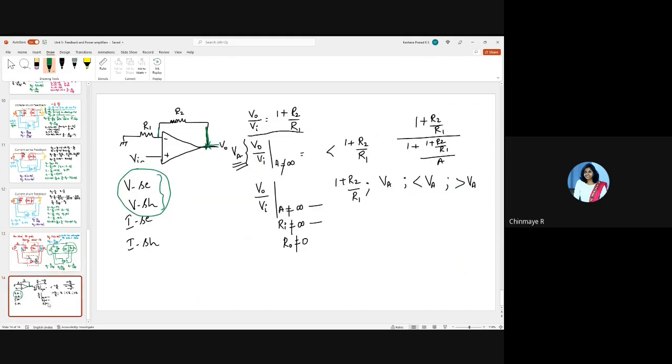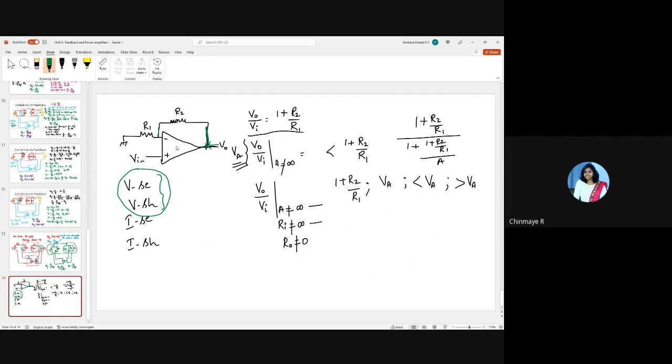Okay, so now we were trying to see if we can identify what kind of feedback is in the following circuits. So this is a simple non-inverting amplifier, right, with the feedback resistor R2 and the input resistor R1.